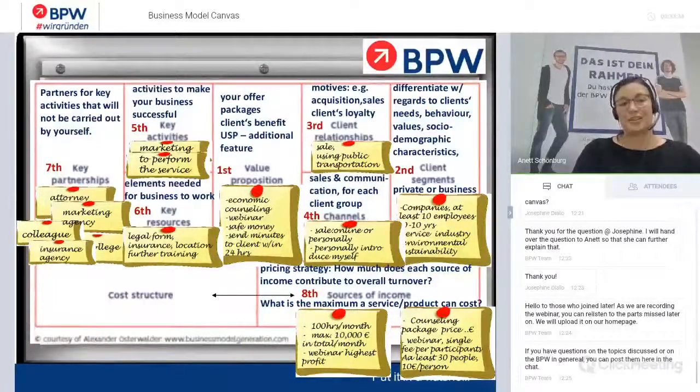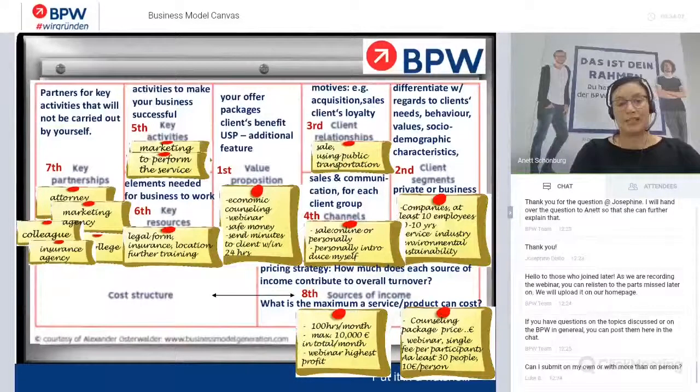Again, you need to know the market to be able to answer that question. Does the sustainable focus of your business model permit better access to revenue streams? For example, this increases your client's willingness to pay that price. If so, which? How much does each source of income contribute to overall turnover?